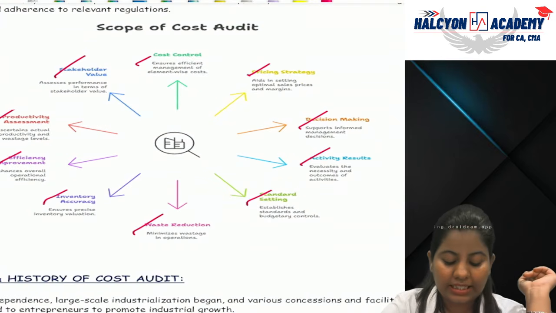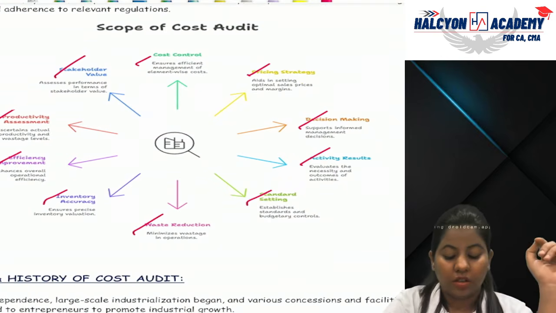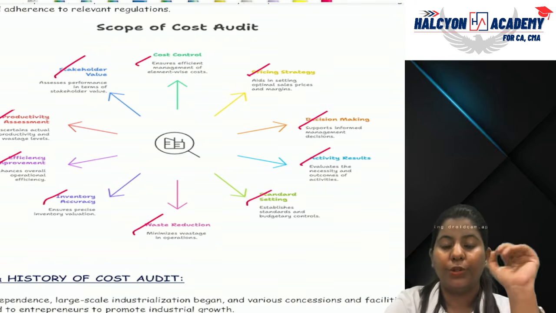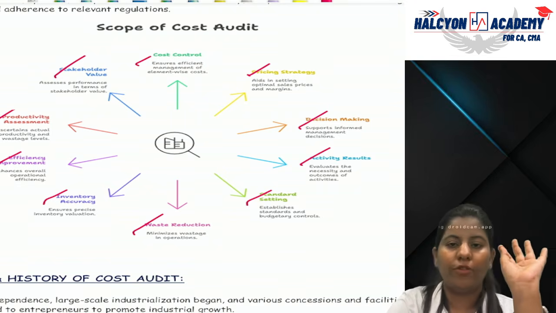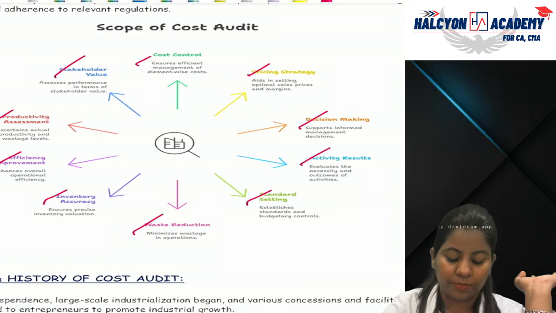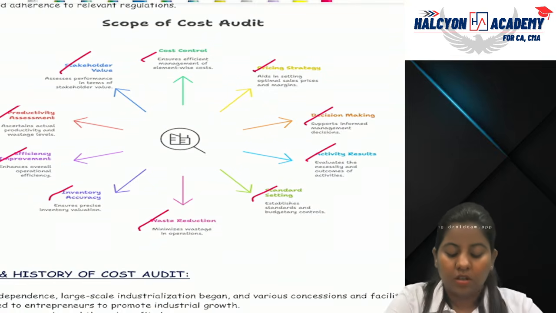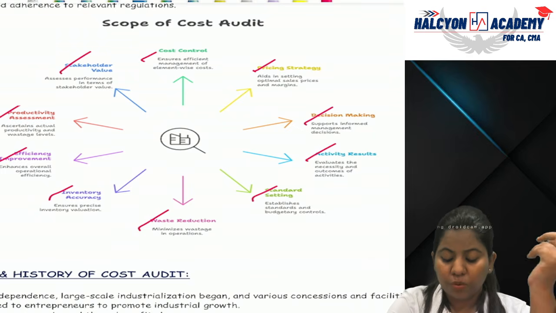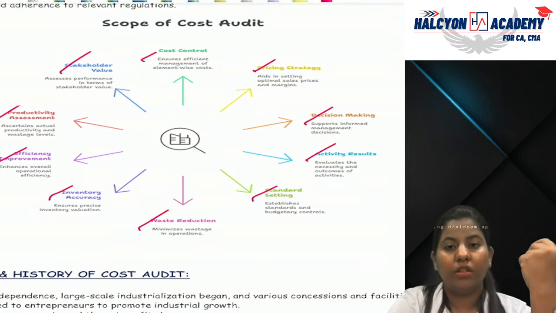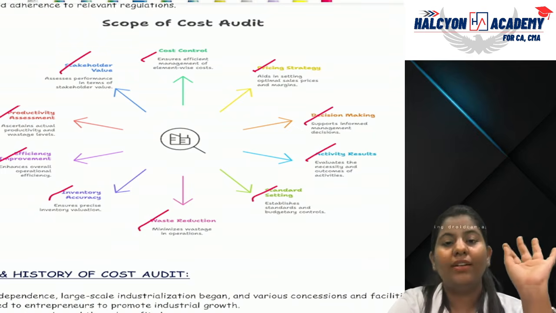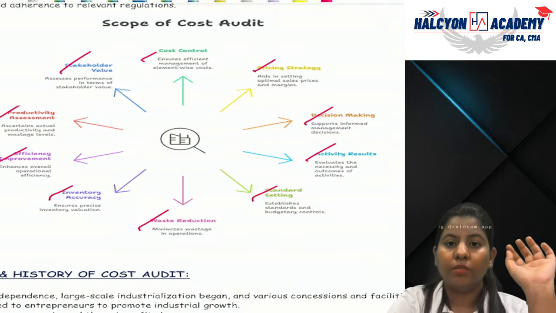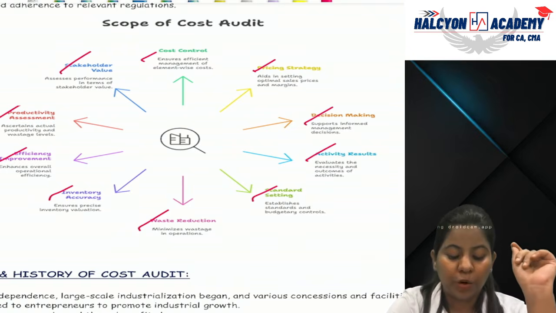These are very easy, and if a question comes asking the scope of cost audit, you have to write only 7 to 8 points. No need to write all 10 points. If you forget 2 points, it is okay. You don't have to write each point in 4 lines.